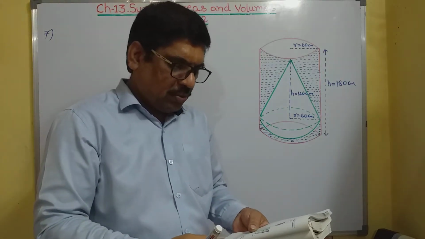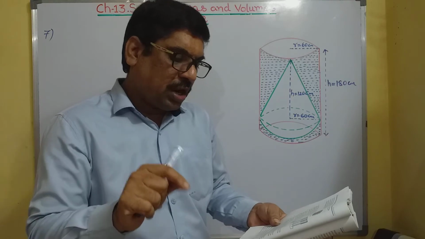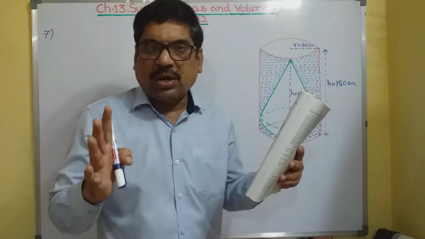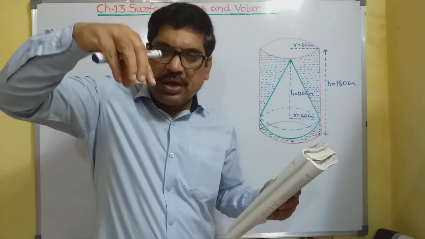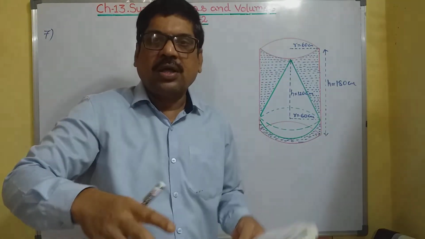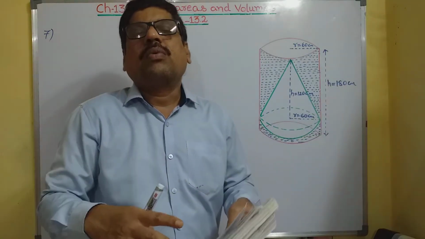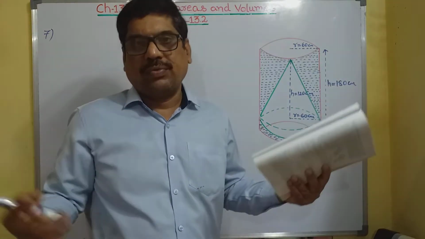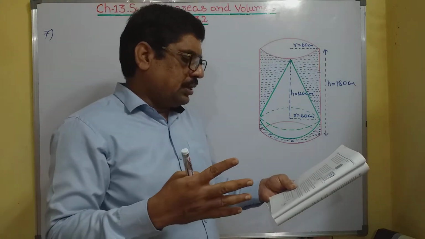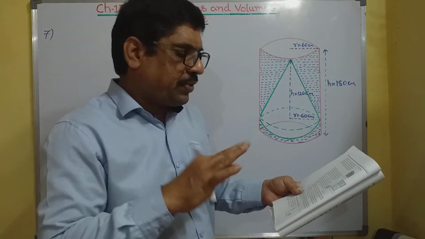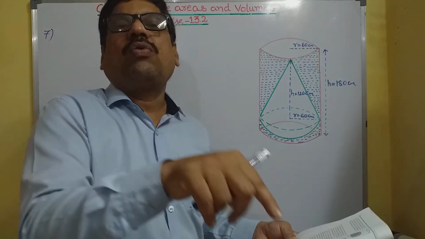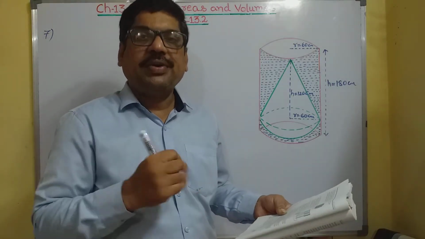Now find the volume of the water left in the cylinder. Actually, if the cylinder is full of water and we keep the solid, which is the green shape, in the cylinder, some water will come out, will overflow. Then after the water is displaced from the cylinder, what is the volume of the water left over in the cylinder? That we need to find.